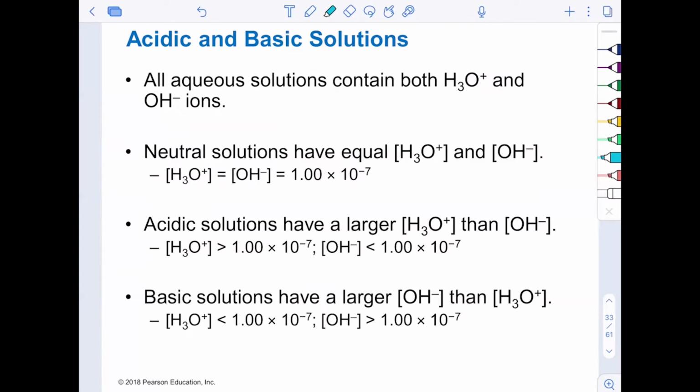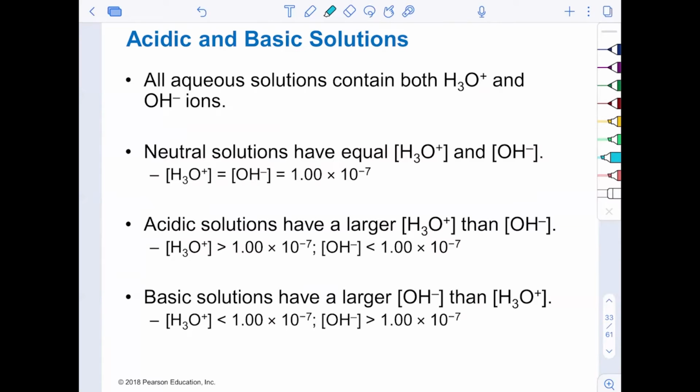Acidic solutions, so once we start thinking about mixing an acid with water, acidic solutions will have a larger concentration of hydronium than hydroxide. Because we increase the amount of acid, water and the acid are going to react to form more hydronium than what is typically present with just the autoionization of water.